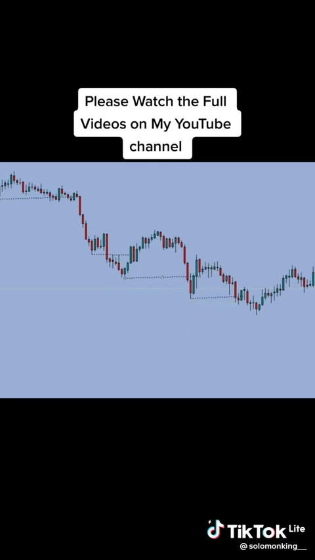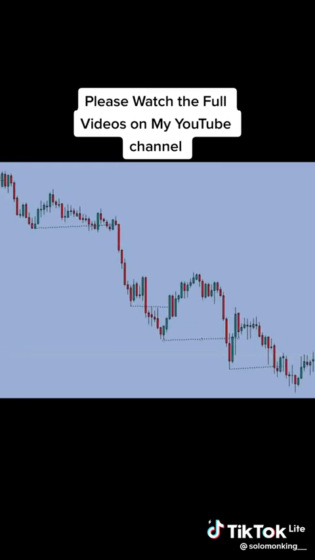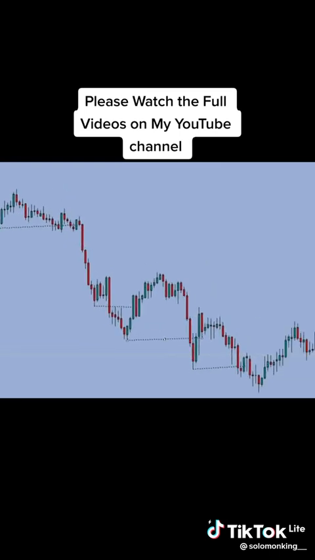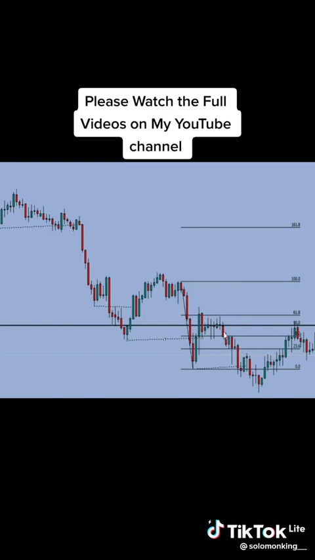Now what we do with PD array is to pick our Fibonacci tool and put it from the first place where the movement starts, bring it down to this last point, and then look out for the 50% level. Take your horizontal line and put it on the 50% level. Assuming this did not play out, just take it out now. You can delete this Fibonacci tool.